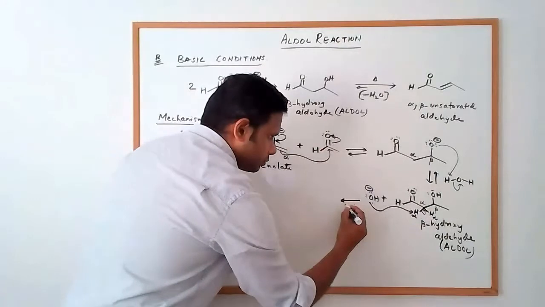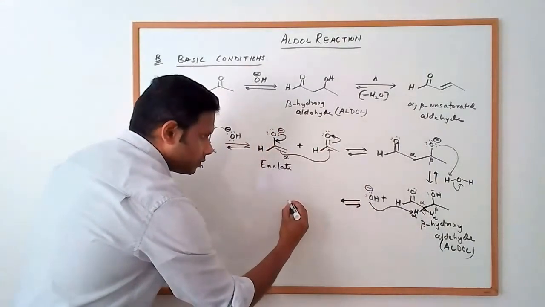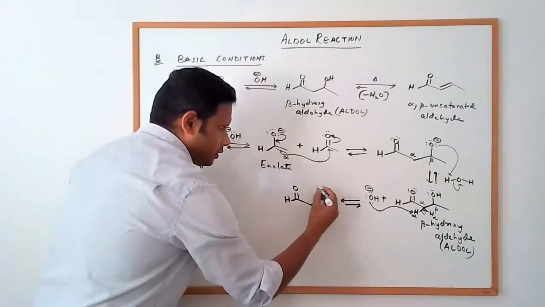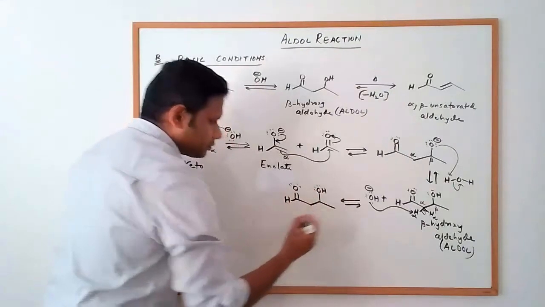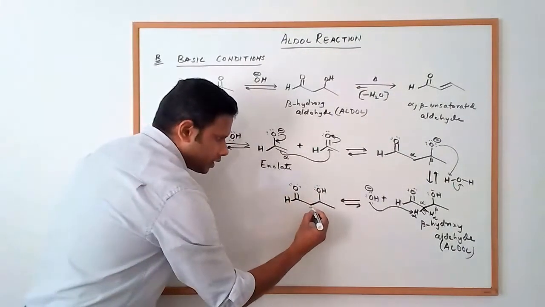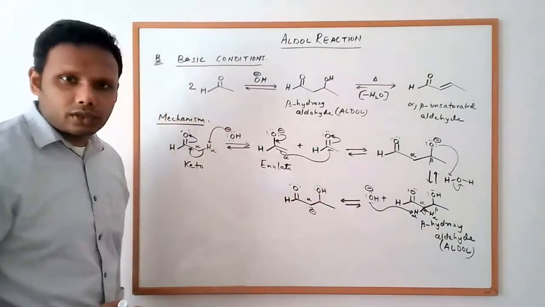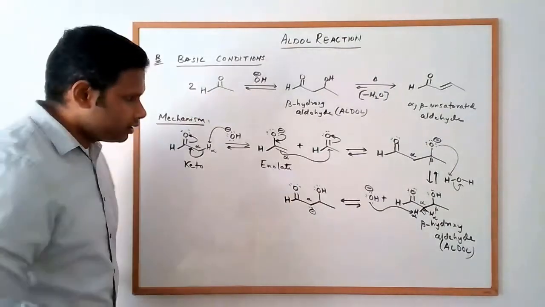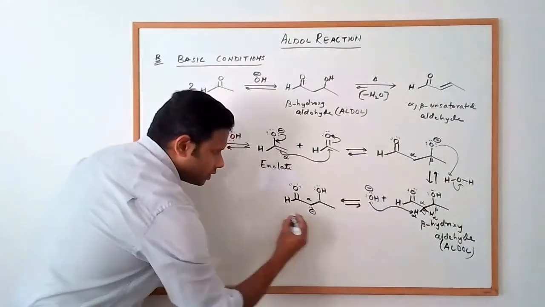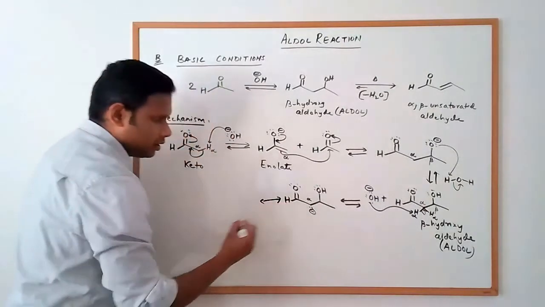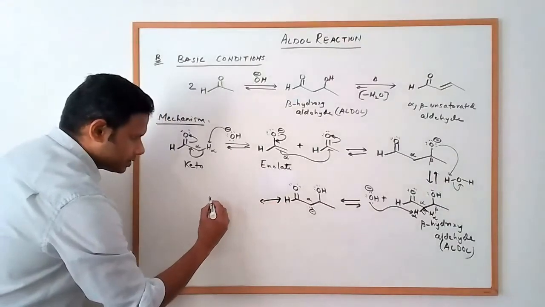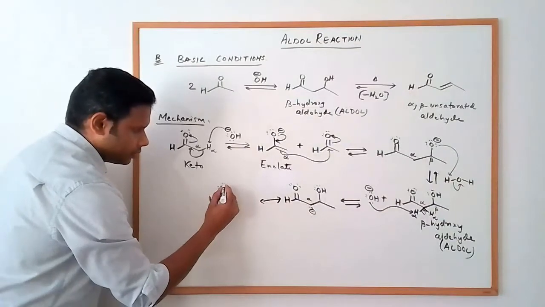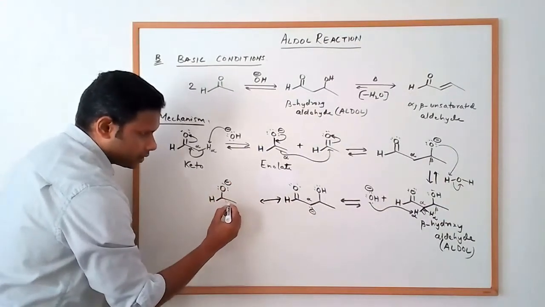That brings us to the next intermediate, where we have the aldehyde, beta hydroxy, and the methyl group, and at this alpha carbon we have a negative charge right now. If you think about it, what we made here is basically an enolate, because this can do resonance, and the resonance form of this structure is going to be the enolate.